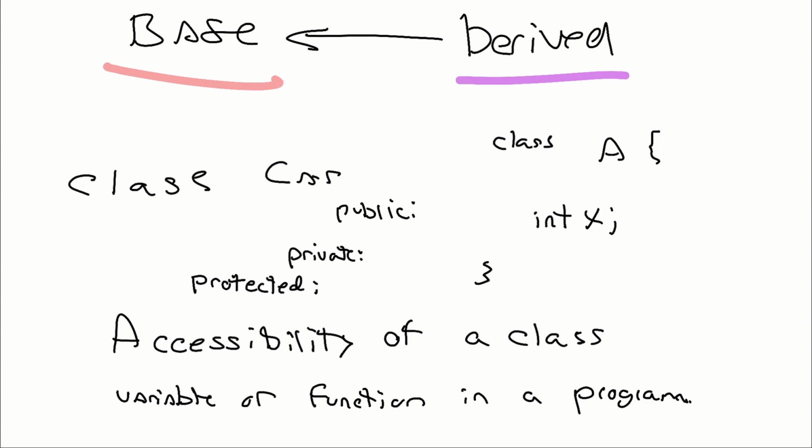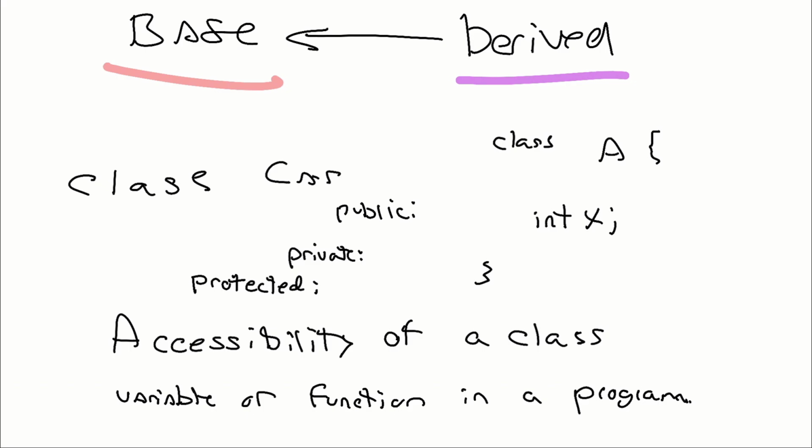Protected, for all intents and purposes, works the same way as private if you're not doing inheritance at all, in any way or form. The only difference between protected and private comes when you're dealing with inheritance. When you're just dealing with classes in your program, protected and private are the same thing, okay?